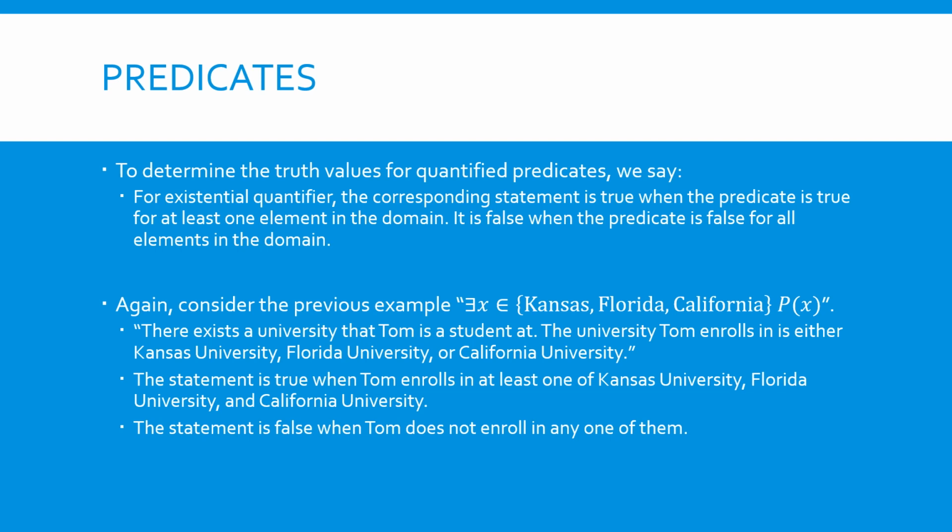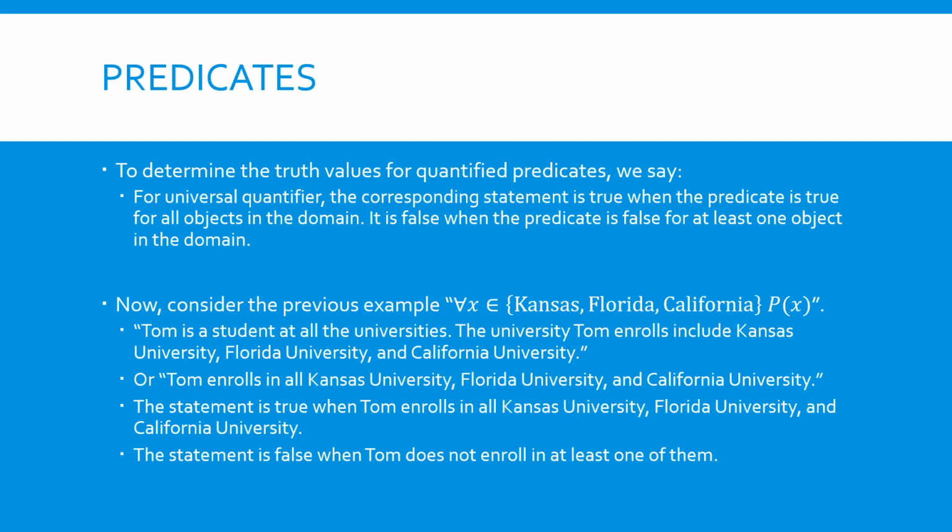For example, consider the existential statement that Tom either enrolls in Kansas University, Florida University, or California University. The statement is true when Tom indeed enrolls in at least one of the universities. It is false when Tom enrolls in none of the universities. For a universal statement, it is true if all elements in the domain can make the predicate true.